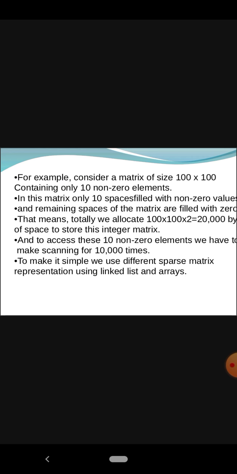That means totally we allocate 100 into 100 into 2, that is 20,000 bytes of space to store this integer matrix. And to access these 10 non-zero elements, we have to scan 10,000 times. To make it simple, we use different sparse matrix representations using linked lists and arrays.